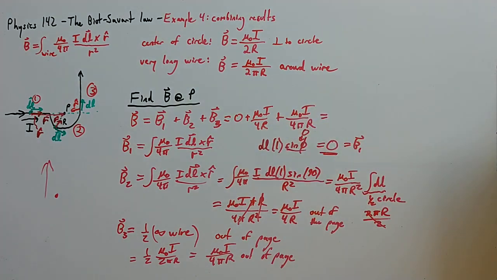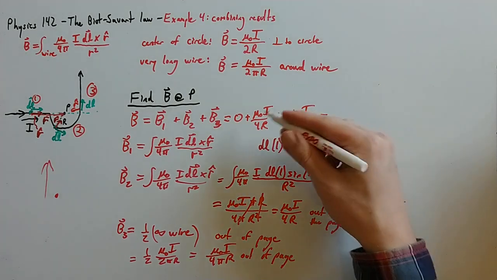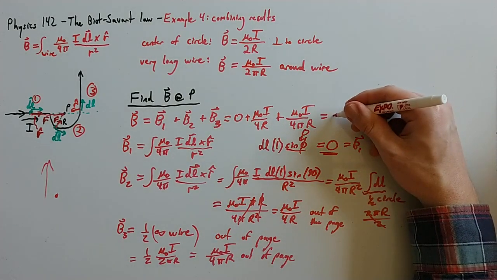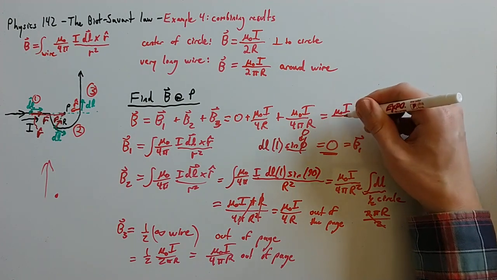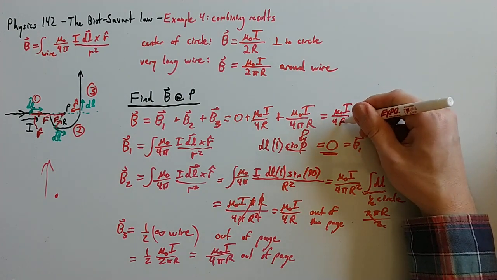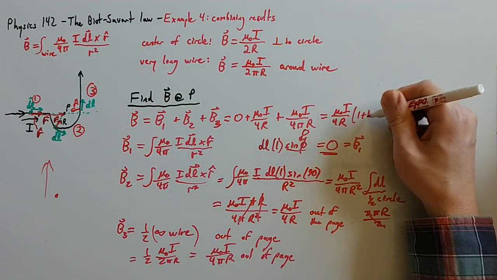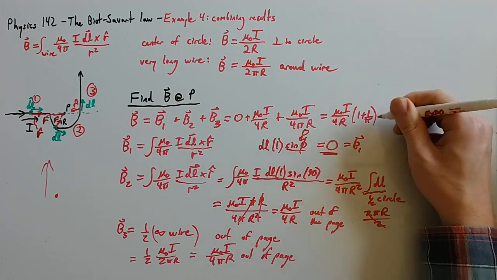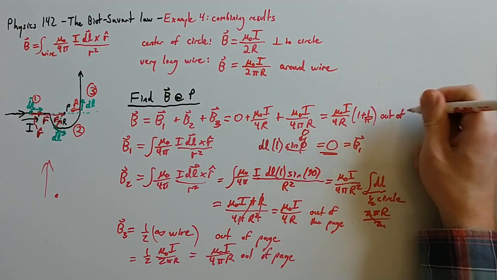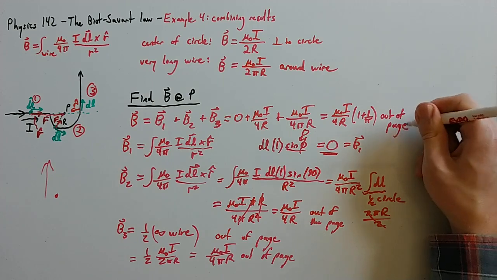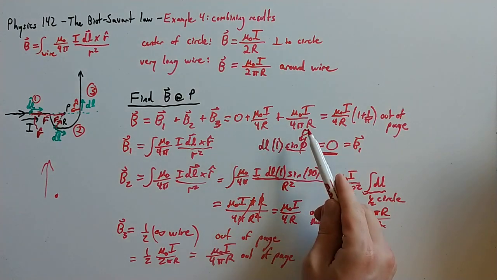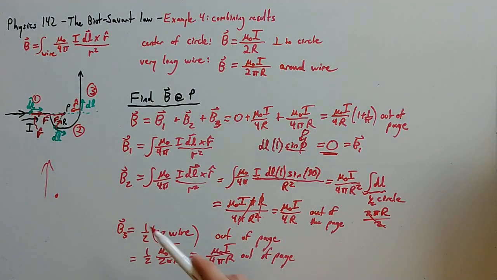And so if we add all of that together, I could combine terms a little bit. It's mu naught I over 4r times 1 plus 1 over pi, and this is out of the page. Both of those were out of the page, and so we added them. If one of them was into the page for some reason, then they would have been in opposite directions, and we would have had to subtract them.